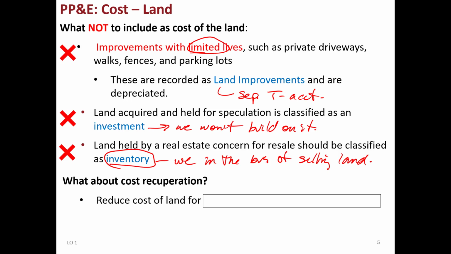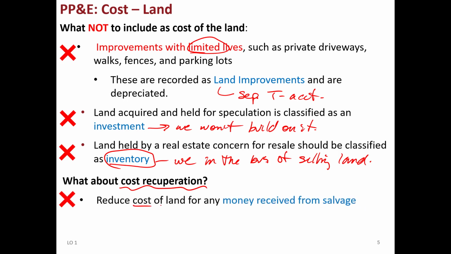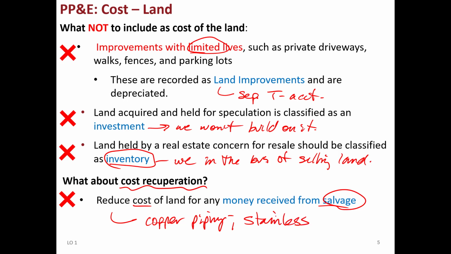If we want to yank it out of the building and sell that copper or sell that stainless steel, that can be considered part of cost recuperation. And what we do in that case is we reduce the cost of land for any money we receive from salvage. Salvage, say, from copper piping, because that's always in high demand. Copper piping or any type of stainless steel, that's a big one as well.